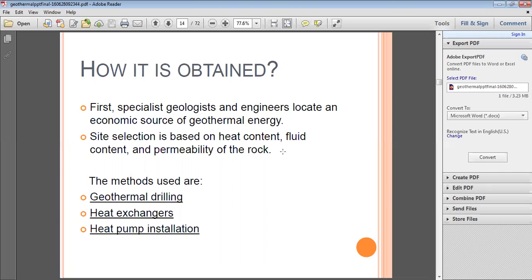Then the methods used are geothermal drilling, heat exchangers, and heat pump installation. Geothermal drilling is used, heat exchangers are used, and heat pumps are installed.